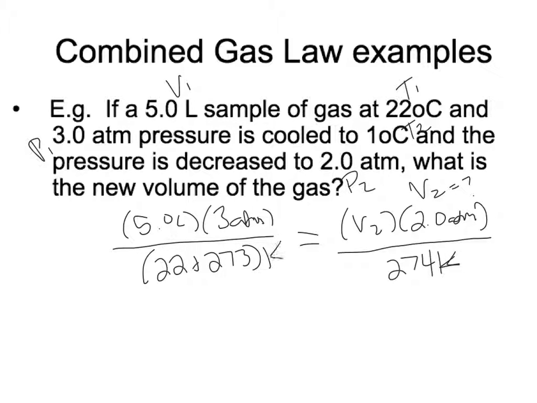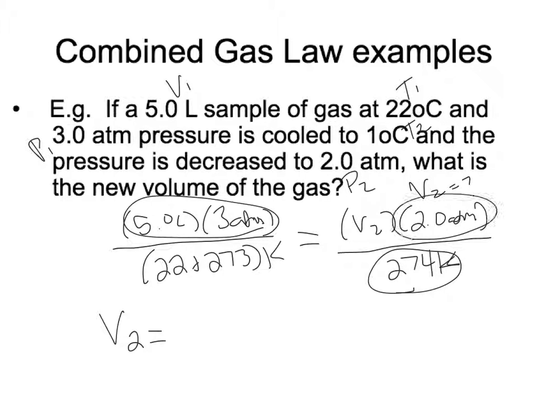Okay. All right, now to solve for V2, again, make sure you do this. I'm going to cross multiply. I'm going to take that times that, and I'm going to divide it by these two numbers. All right, so we're going to go 5 times 3 times 274.